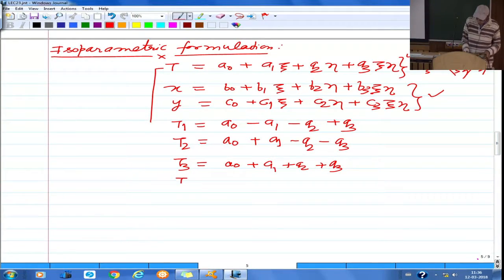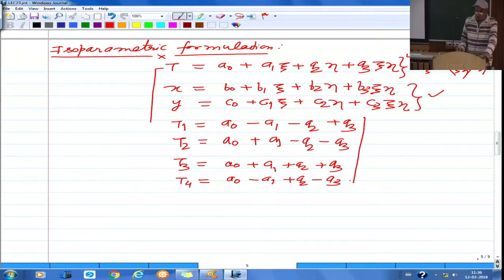And then the value of T at the fourth node, where xi is -1 and eta is +1, is a0 - a1 + a2 - a3. So these are the equations for the relationship between T1, T2, T3, T4 and the unknown constants a0, a1, a2, a3.